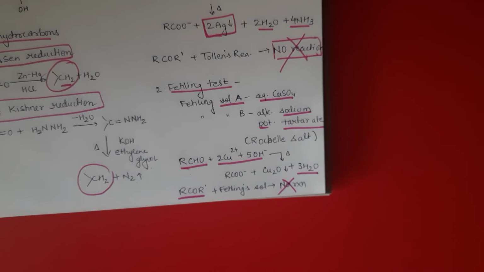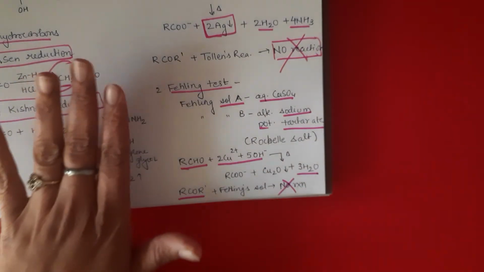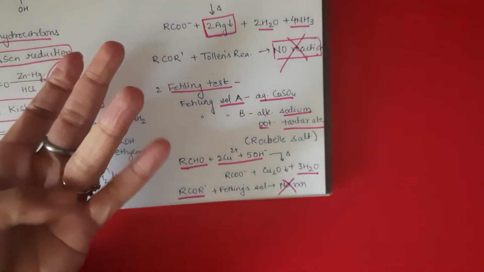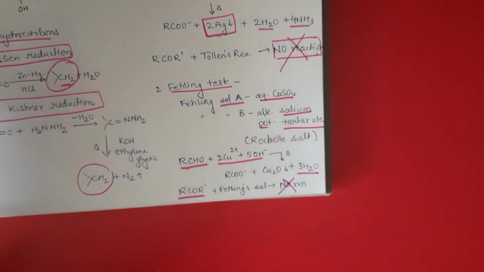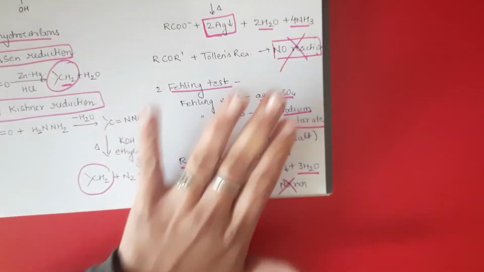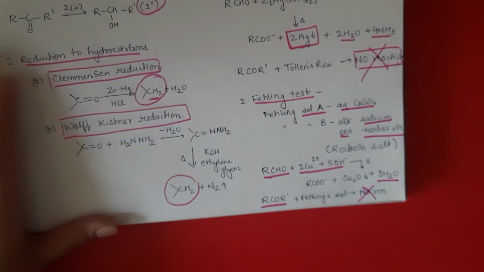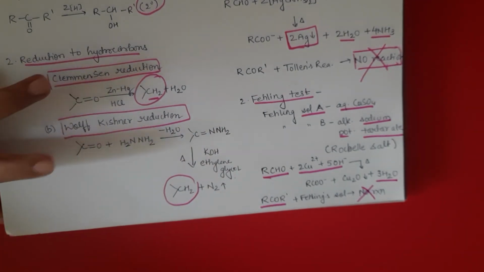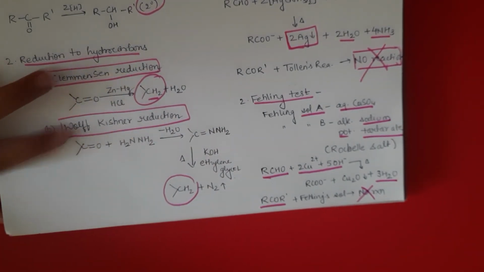In this video we have finished 3 reactions: reaction with ammonia and its derivatives, reduction and oxidation. You have to remember there are 2 named reactions, Clemmensen and Wolff-Kishner.